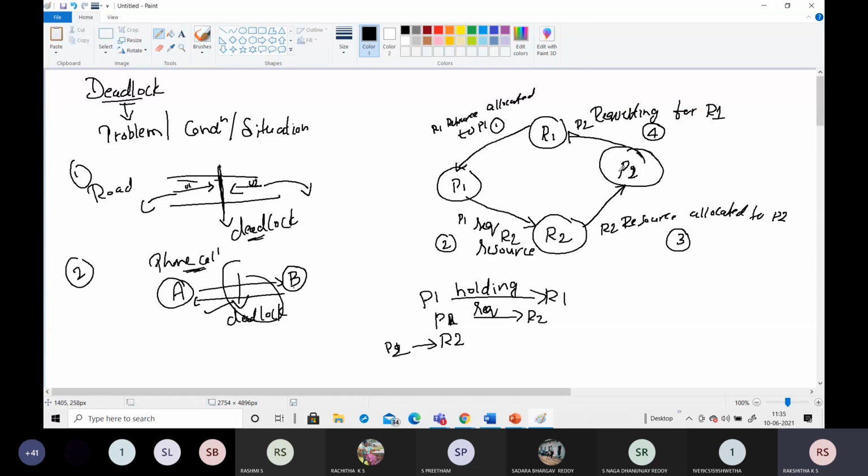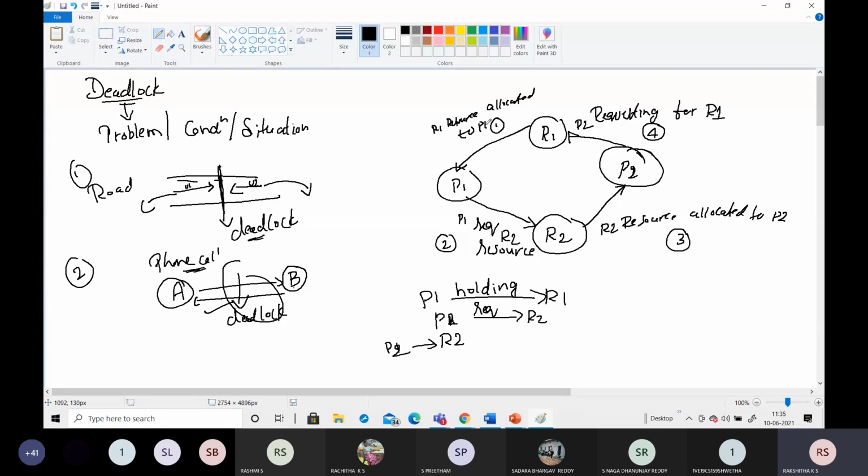Now what is P2 doing here? P2 is requesting R1. This complete state we are going to call a deadlock. Why? Because each process depends on the other. Resource R1 is held by P1 but P1 depends on R2, and R2 is held by P2 but P2 depends on R1.